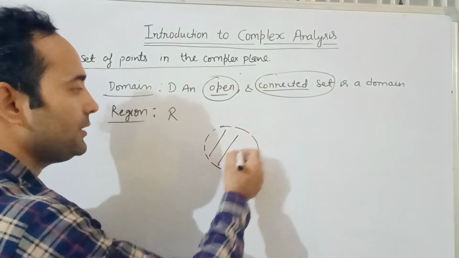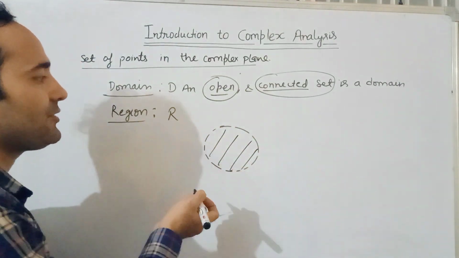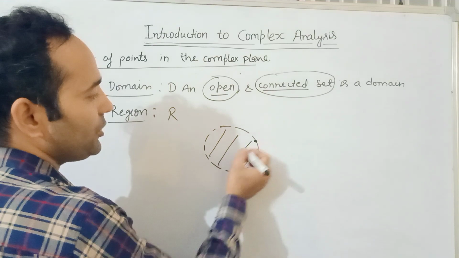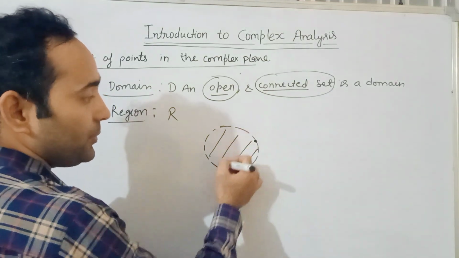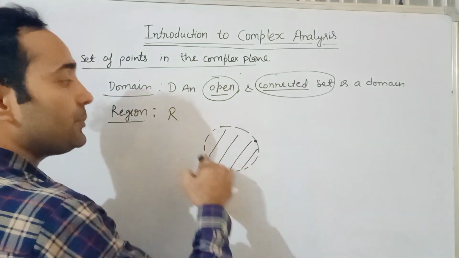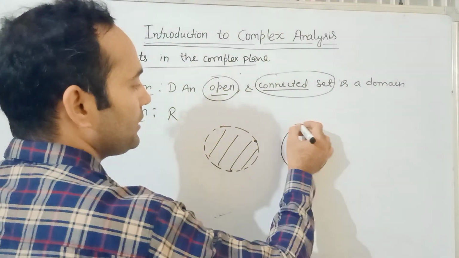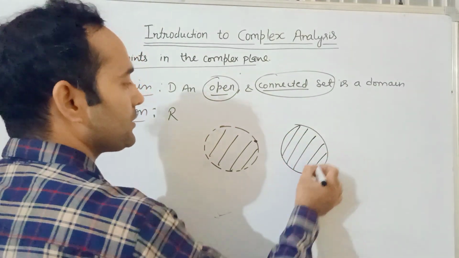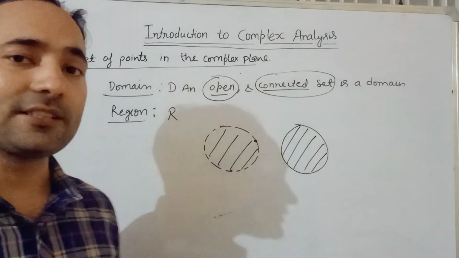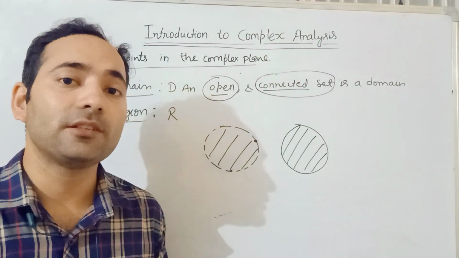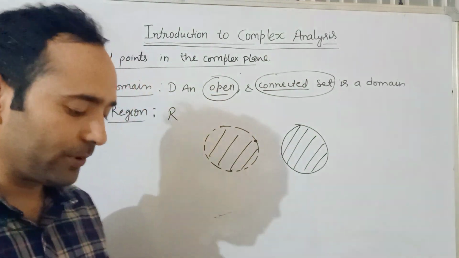Only open disk. But in case of region, some of the boundary points can be included, none of the boundary points can be included, all of the boundary points can be included. Okay, so something like this, closed disk. So a domain can be a region, but a region cannot be a domain. Alright, I hope you understood.